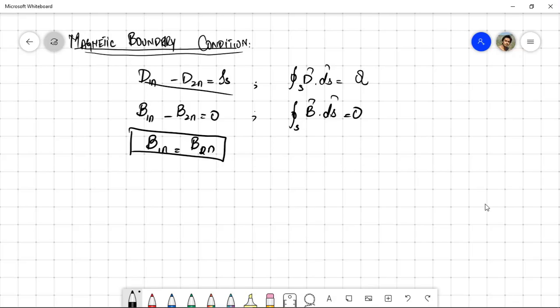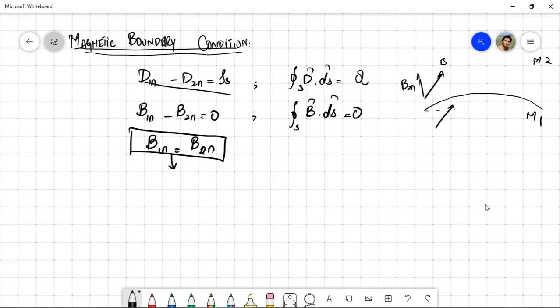And what this physically means is that the normal component of magnetic flux density will be continuous across the boundary. So if this is the boundary, and we're talking about B, this is the normal component of medium 2, this is medium 1.